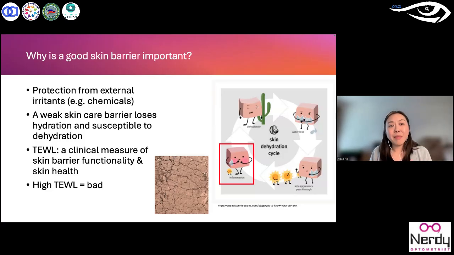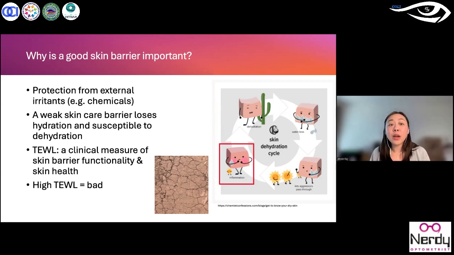But a weak skin barrier means that it's losing hydration, and a weak skin barrier is more susceptible to dehydration. We can measure skin barrier functionality and health through a metric called transepidermal water loss, which measures how much water is evaporating from the skin surface.